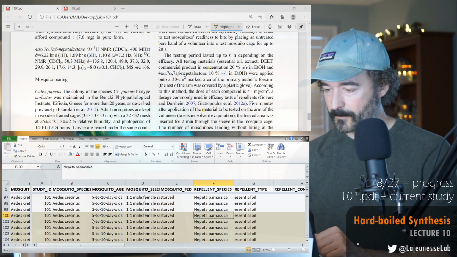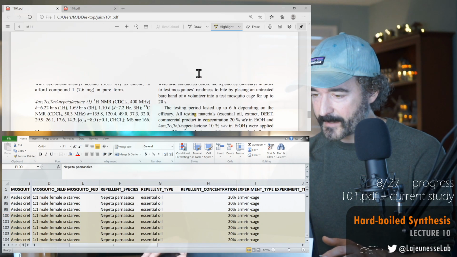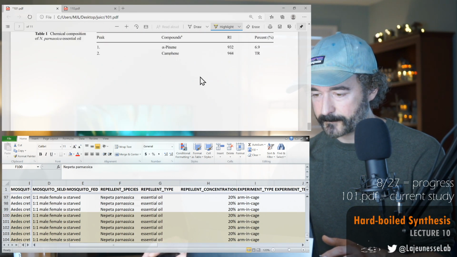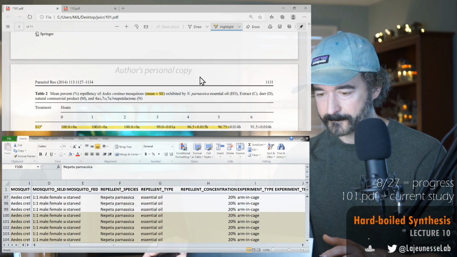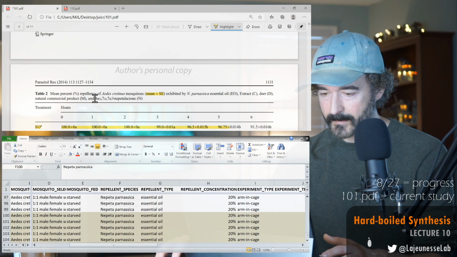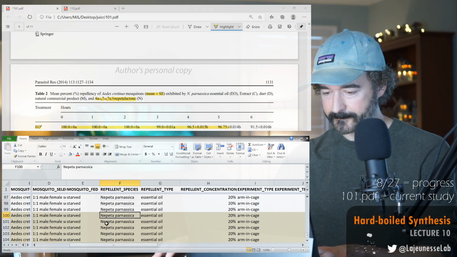All right, so repellent type here will be the actual nepati lactone, or whatever name that they give. And it's at a different concentration. It was only 10%.